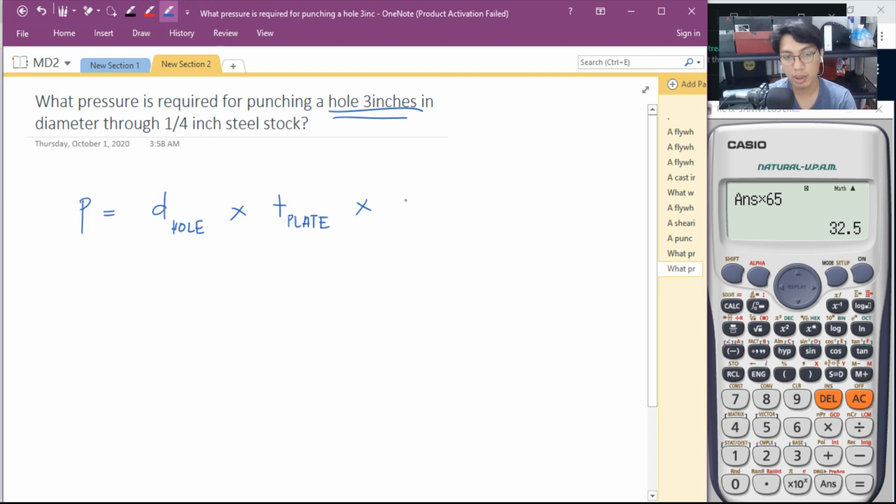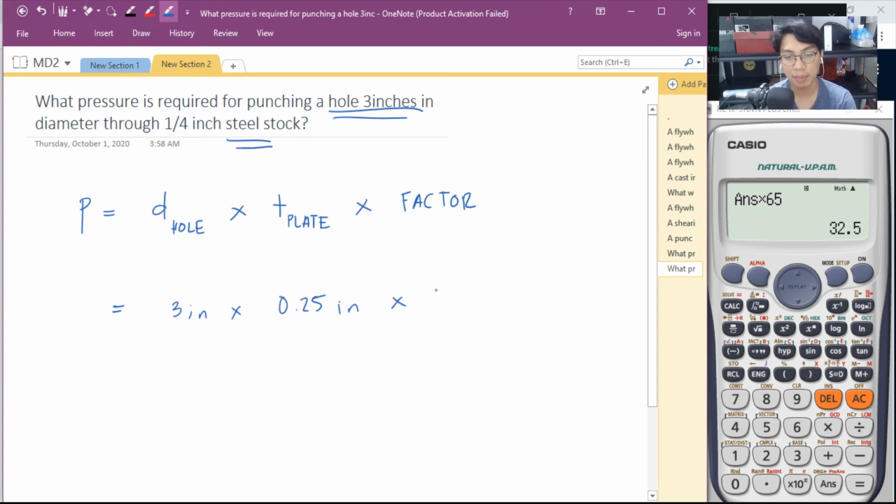And then, you multiply it with the factor. Ang binigay dito is still steel. So, diameter ng hole is 3 inches multiplied to the thickness of the plate, which is 0.25 inch. You multiply to the factor.